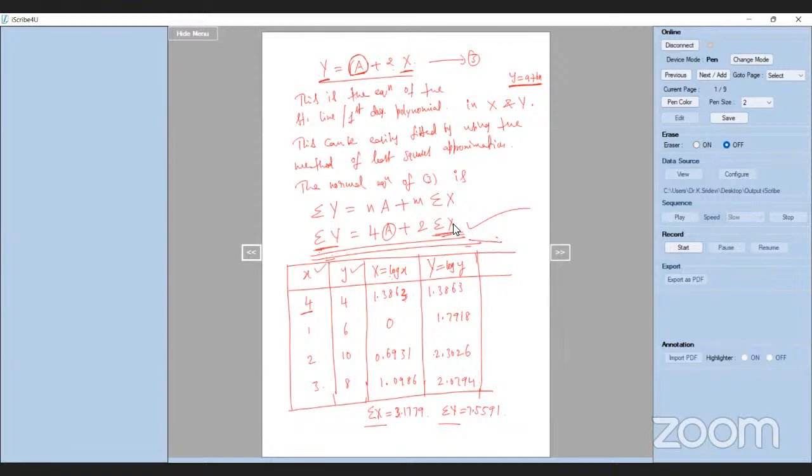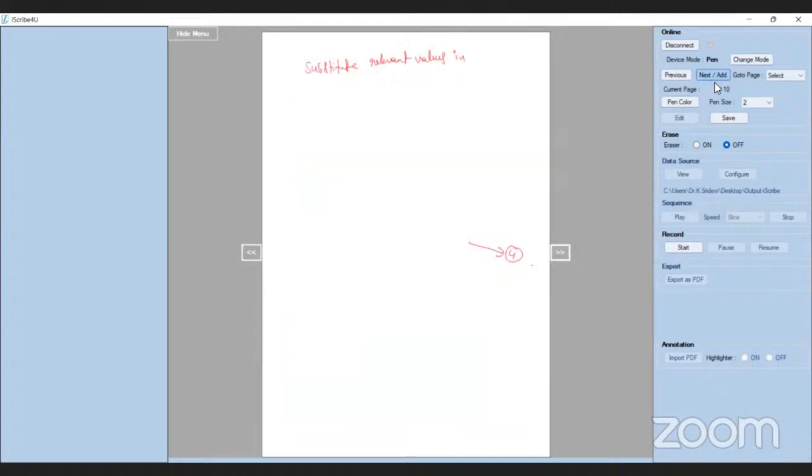Substitute the values: summation Y, that is 7.5591, is equal to 4A plus 2 into summation X, that is 3.1779.